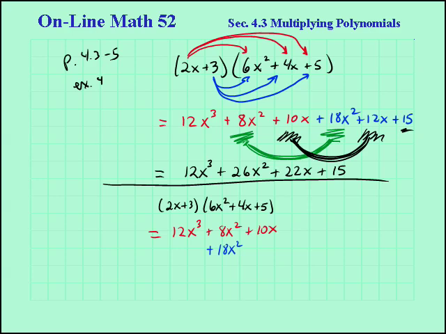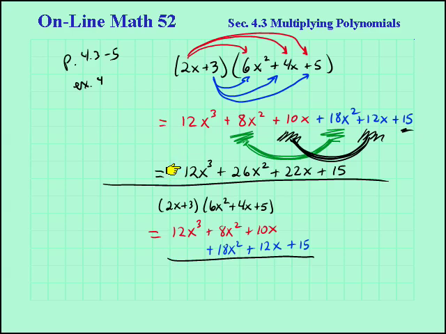The next blue product is 3 times 4x is plus 12x. And lastly, 3 times 5 is plus 15. And notice how we only see like terms in the x squareds and in the x's. The x cubed had no like term partner, if you want to think of it that way.